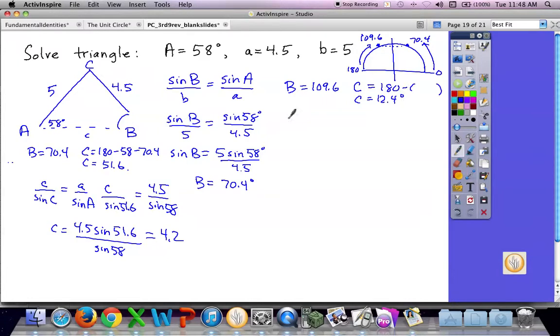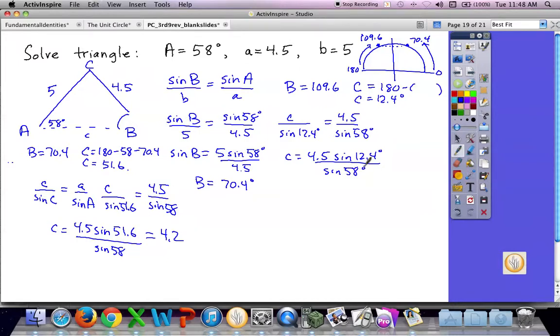All right, and then I need to solve for C. C over, again, the sine of 12.4 equals 4.5 over the sine of 58. So C equals 4.5 times the sine of 12.4 divided by the sine of 58 degrees.